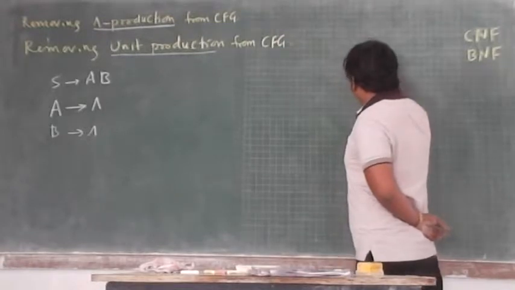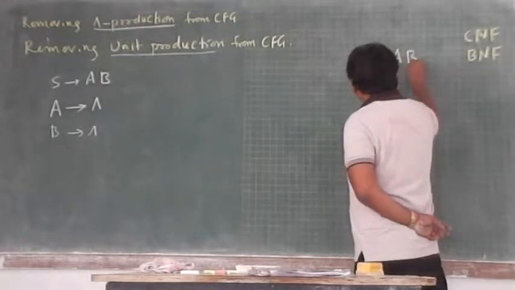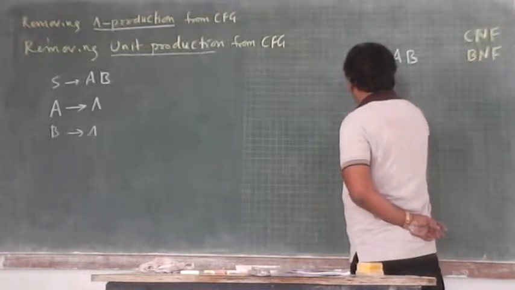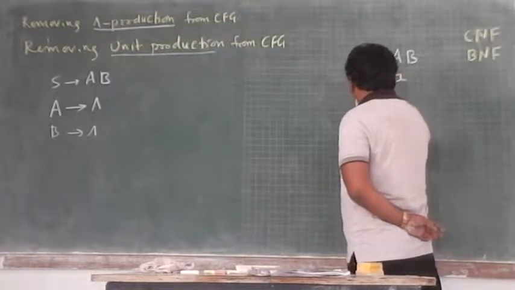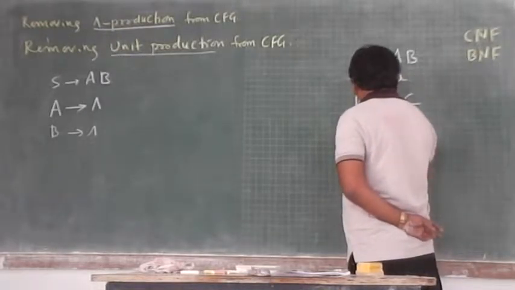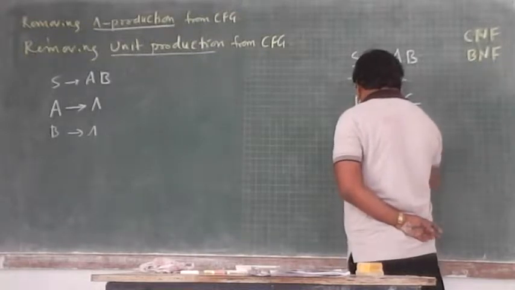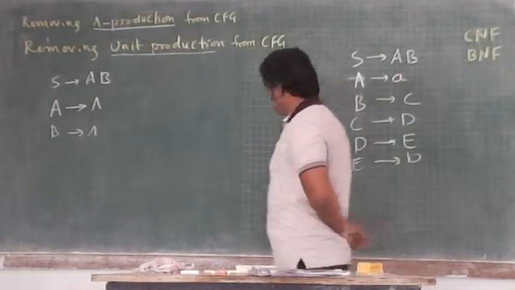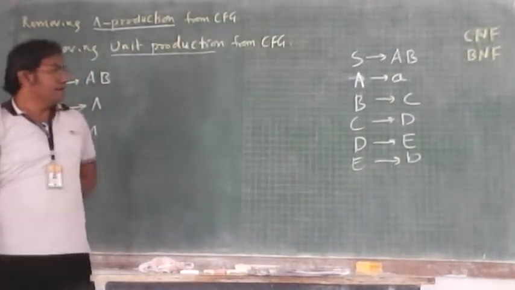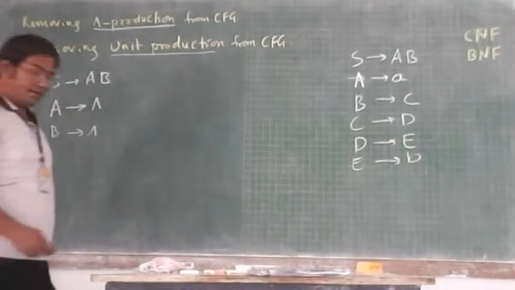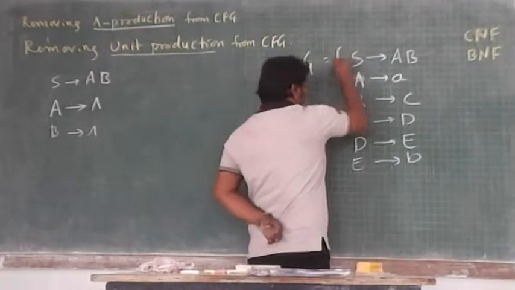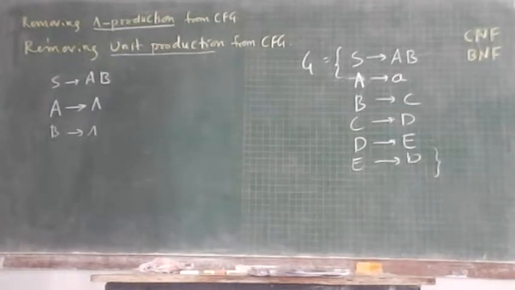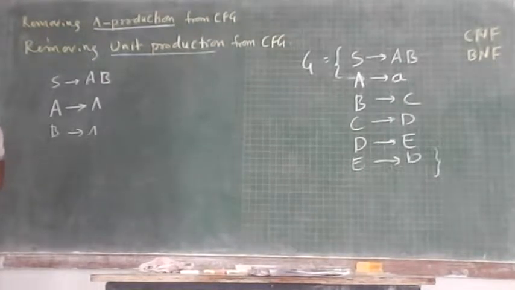If I write the grammar like this, S implies AB, A implies A, B implies C, C implies D, D implies E, and E implies B. What language does this grammar, if I name it G, derive?